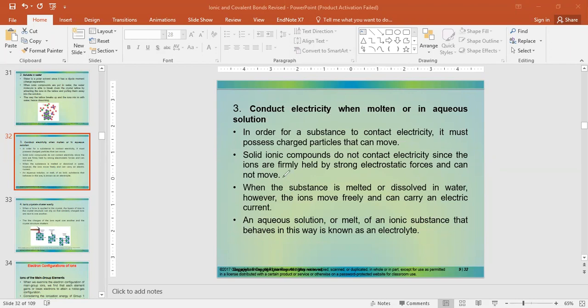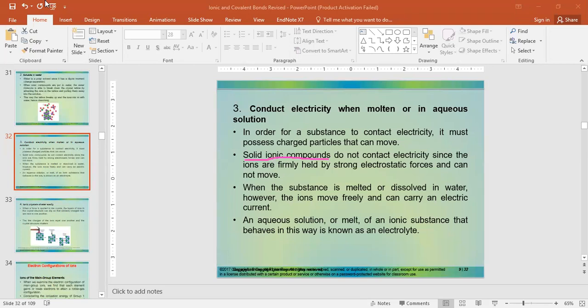So when we talk about solid ionic compounds, although they have positive and negative charges, in the solid state these particles are held together by very strong electrostatic forces, and therefore the negative and the positive charges cannot move. They are not mobile, or they are immobile.